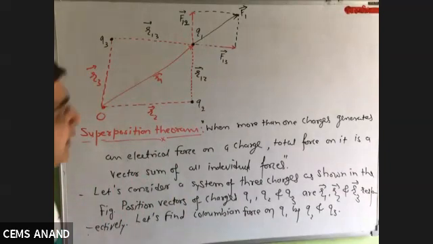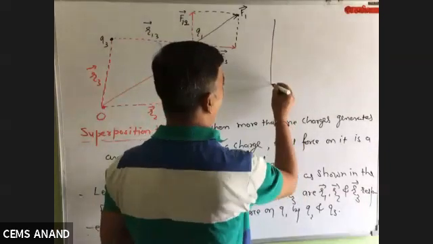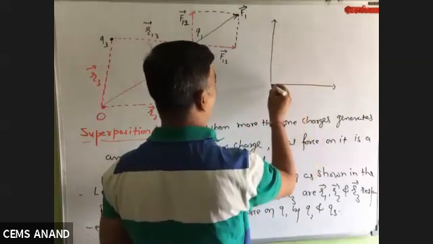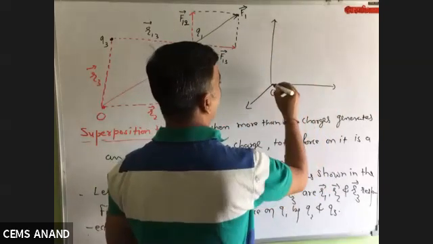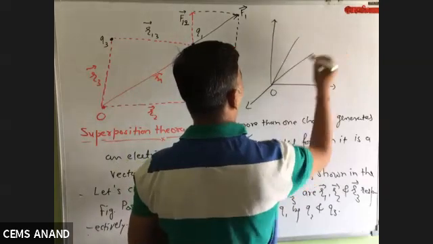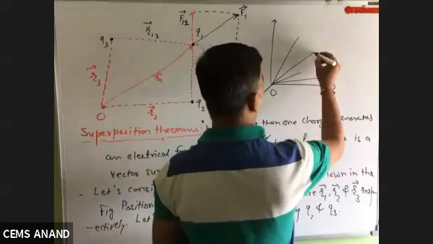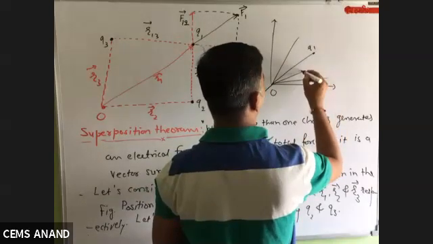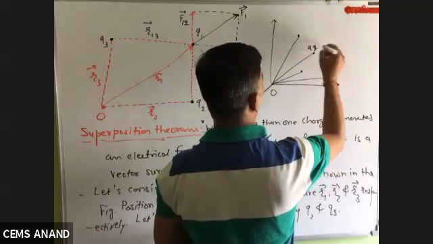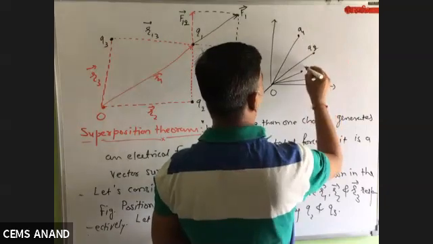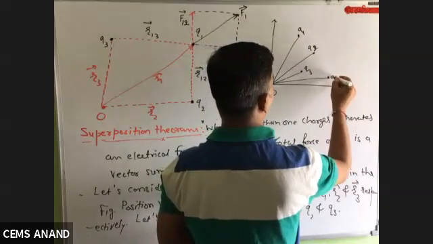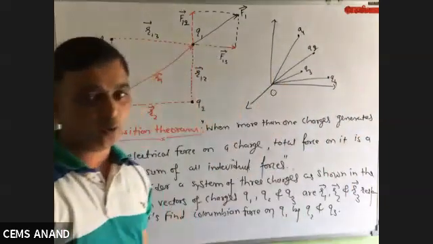Even if we have a system of n particles, we can assume it like this. Let me have a system of n charges, and amongst all of them, I am assuming 4.